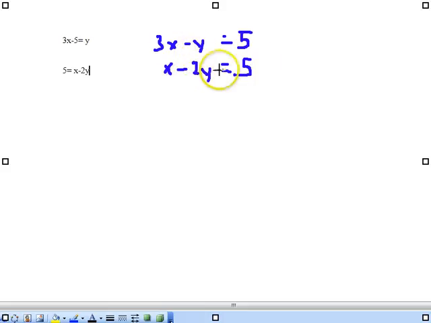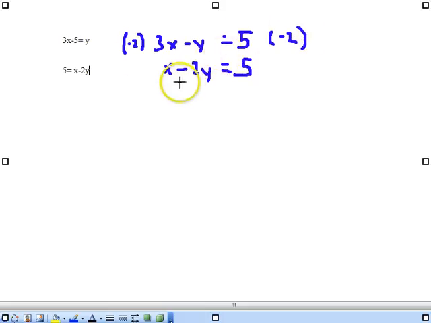Now we need to use the multiplication method to get one of our variables to be the same. If we multiply this equation on both sides by -2, we'll have two opposite variables that we can eliminate when we use the addition method.